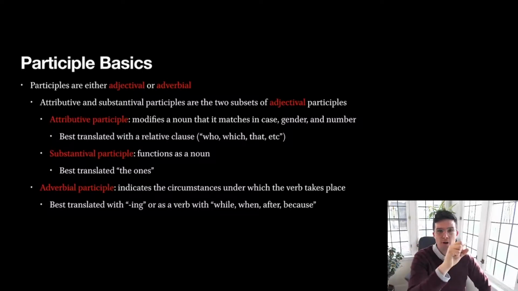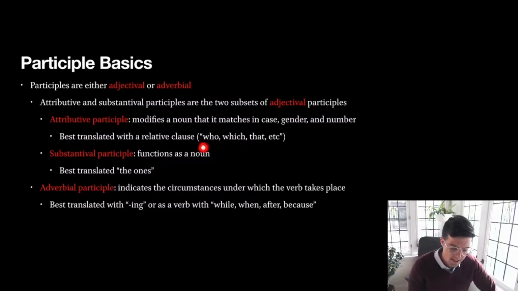And you may be making a connection right now that a participle is a verbal adjective. So as a verbal adjective, participles can have these functions. It can be an attributive participle or a substantival participle. An attributive participle is going to modify a noun that it matches in case and number. So it's going to take the idea of the verb and turn it into an adjective that modifies a noun.